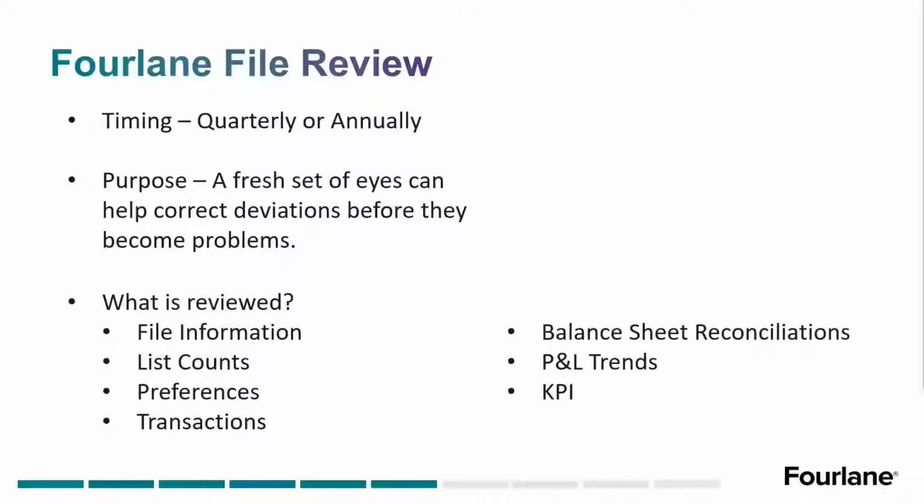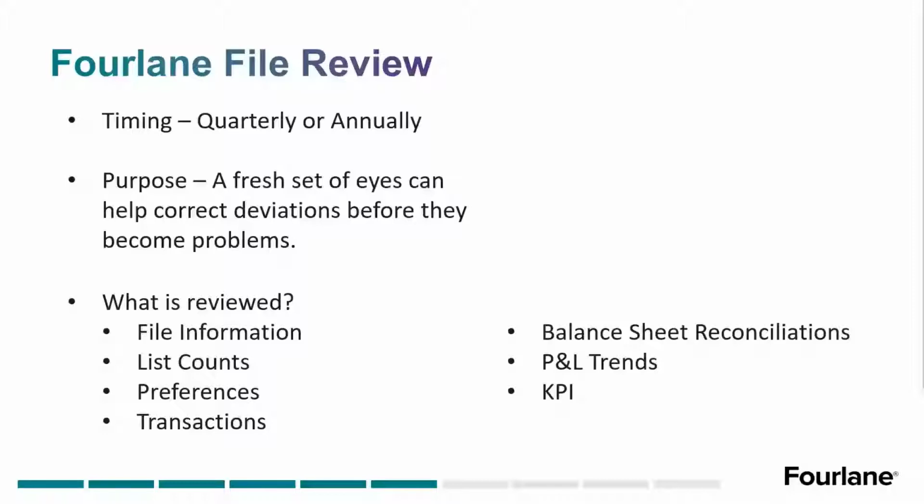Now, there's a couple things that are different. In what we call a file review, and you guys can call it whatever you want internally, we're looking at the data. We're looking at the system setup and the data. What we're not looking at in a file review is corruption, right? We're not looking at issues in the database. That's a different thing that we do here at Fourlane. It's called a tech review, and so a little bit different.